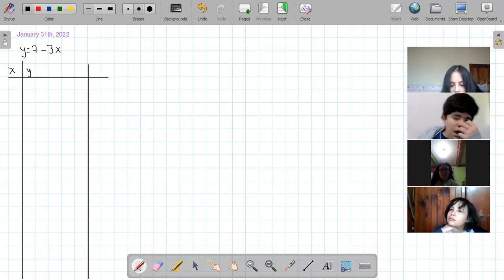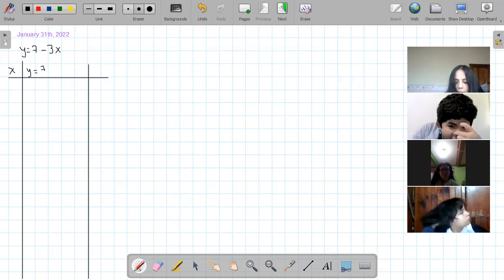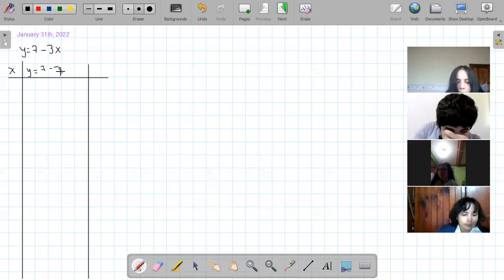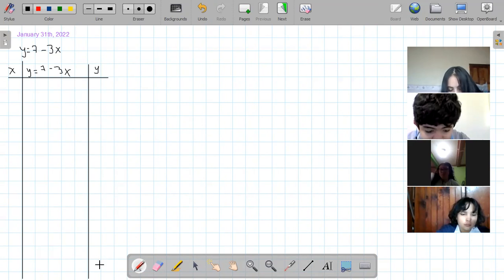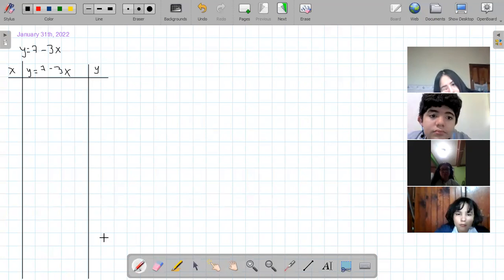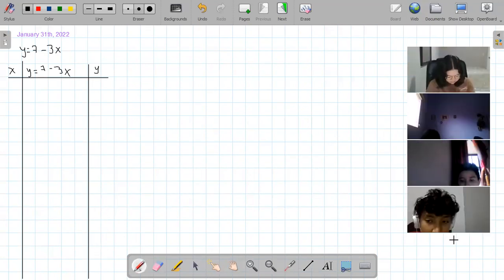We place the equation right in the middle, so 7 minus 3x. And we place y in our last column. These are the inputs and this is the output. This is what you place in the equation and this is what you get out from the equation after the substitution.